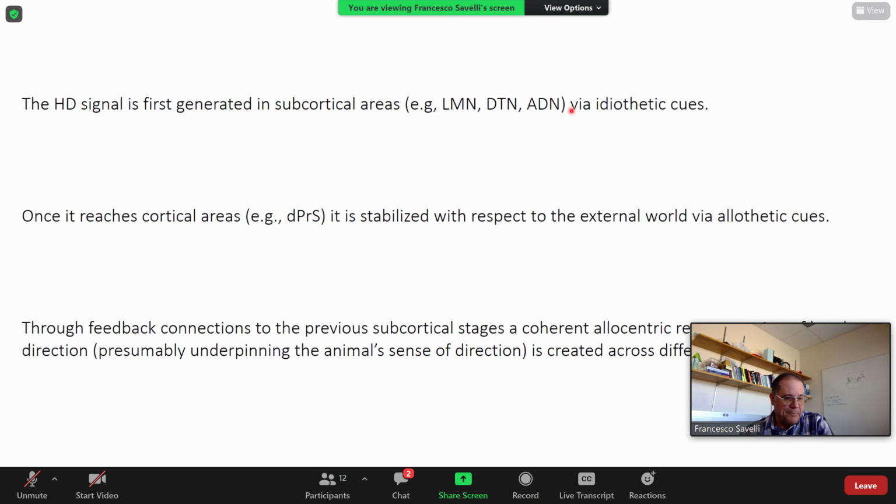The animal has to be pointing in one direction, and there also has to be speed in order for all these systems to work, right? So this is what you would predict. And indeed, there are place cells that are also sensitive to head direction. We'll look at it in a little bit.